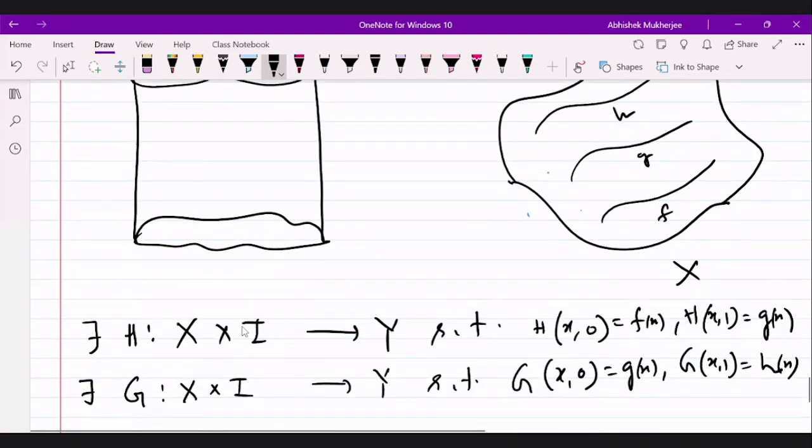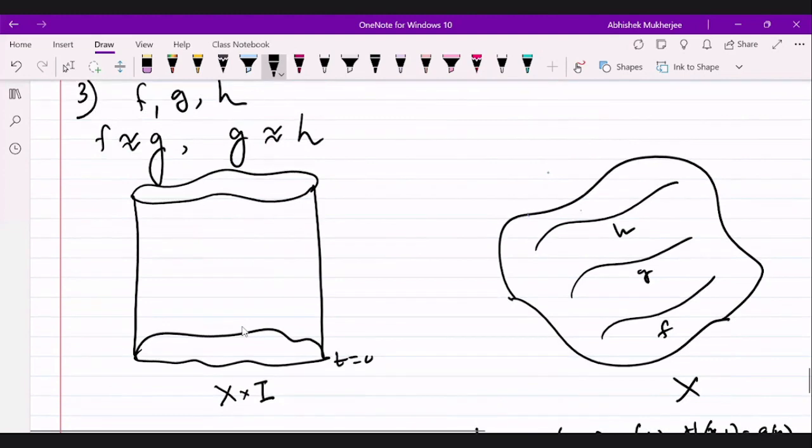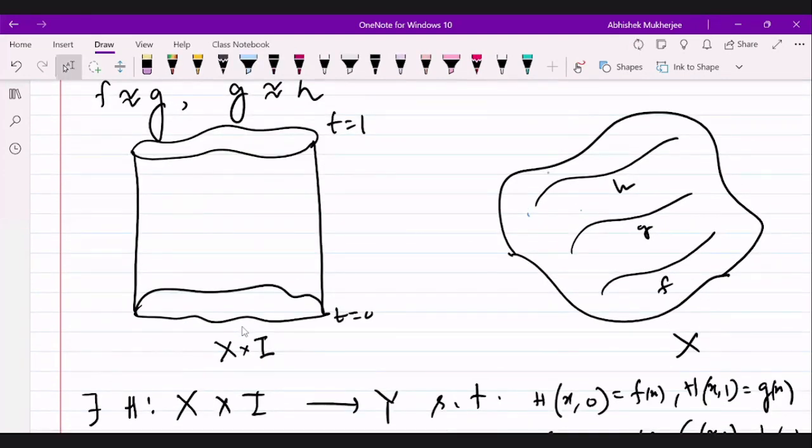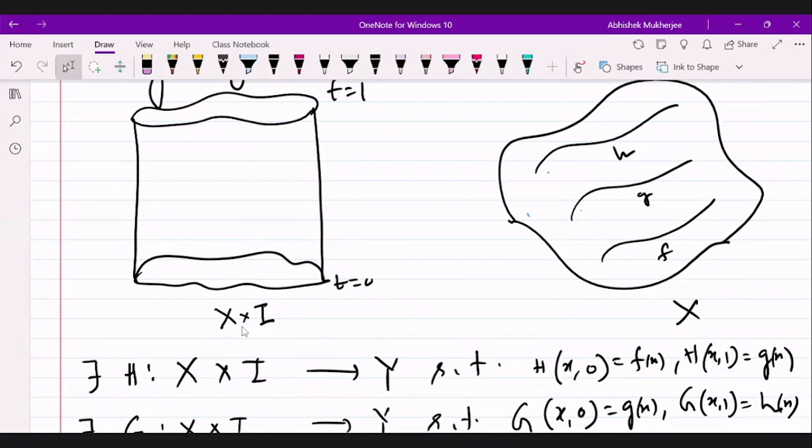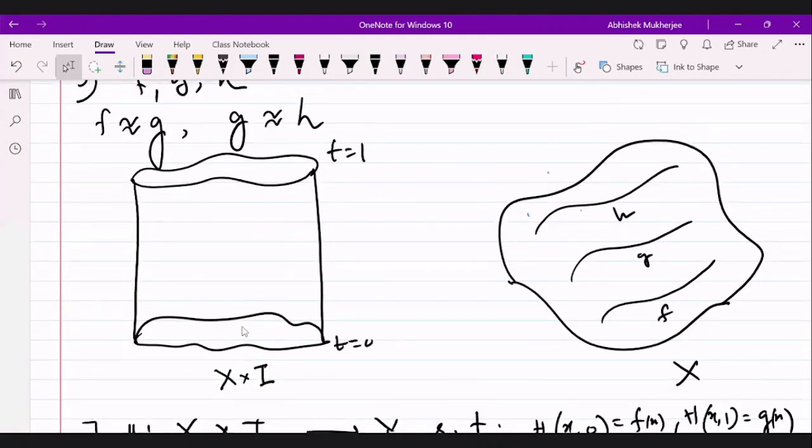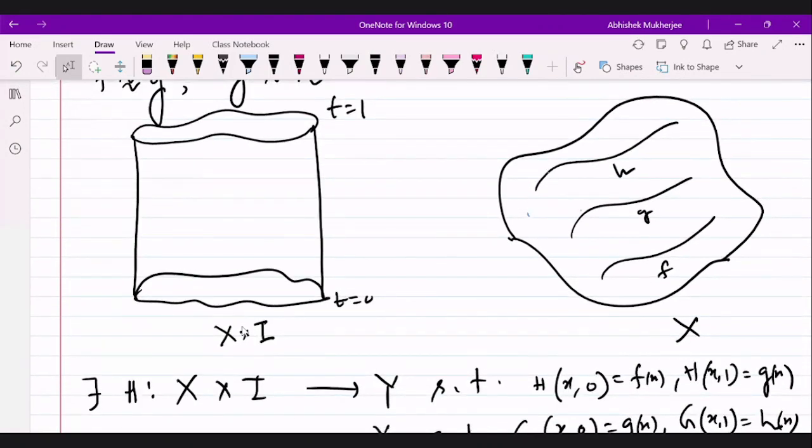So this is your X cross I. This is at the 0th level, and this is at the 1th level. Now I am going to take these two homotopies together. So we are going to divide this cylinder in two parts.